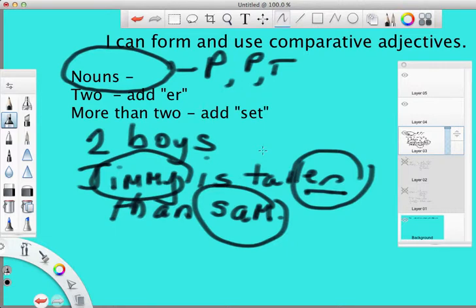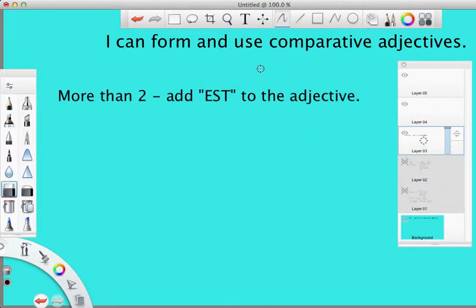Now, if I'm going to add a third person, so when I'm talking about more than two people, I have to do something a little different. When we're talking about more than two, we're going to add est.